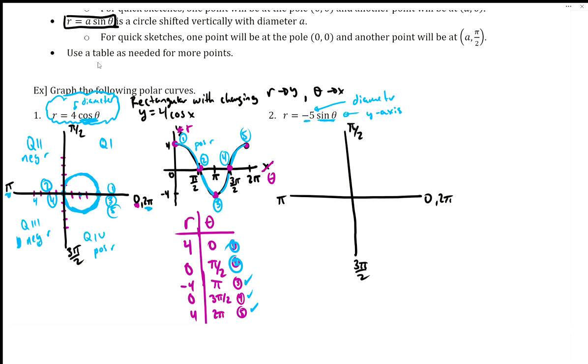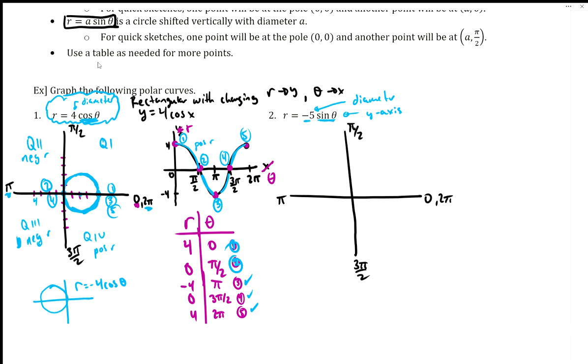So for instance, on our previous cosine graph, it was to the right. That's because it's a positive 4. If it was a negative 4, we would have had a circle. I'm going to make a really tiny sketch. It would have been something like that. So this would have been r equals negative 4 cosine of theta. Okay, so on this second one, it should be something with the y. The 5 is the diameter, and then the negative is telling me kind of where to put it.